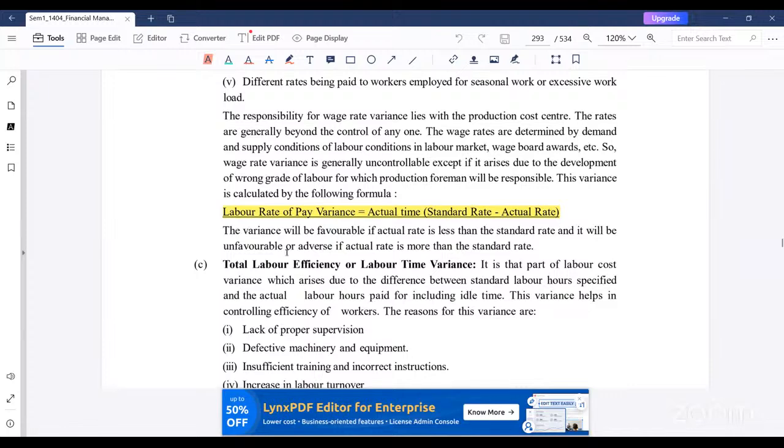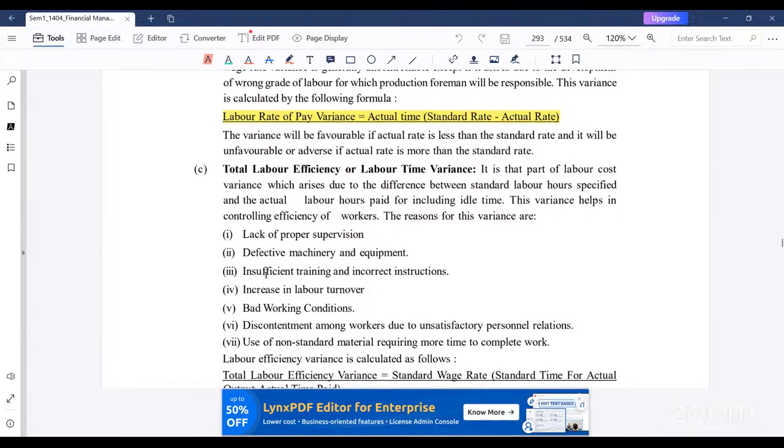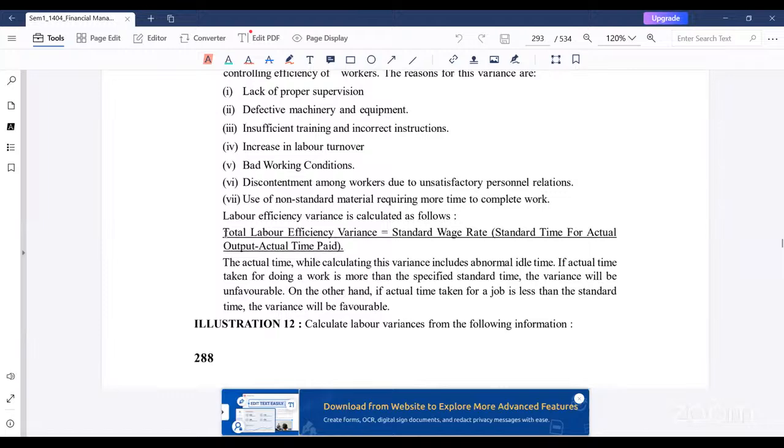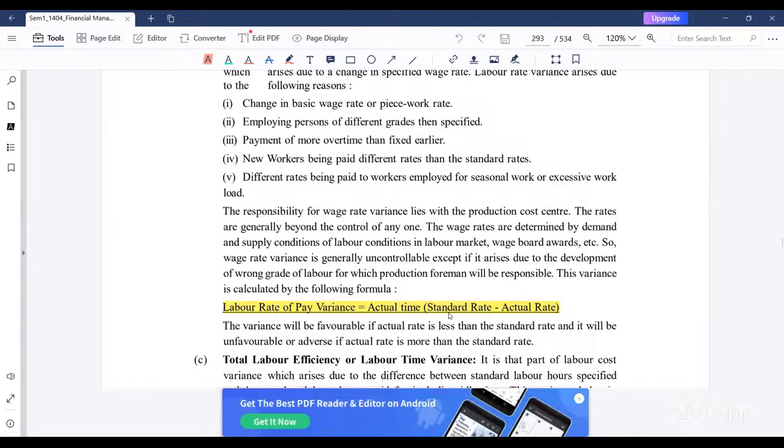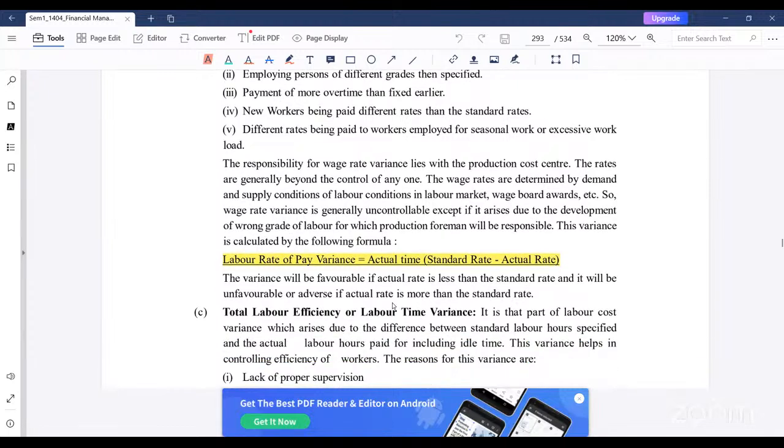Next, labor efficiency variance. Here we are talking about time. If you remember, there we were talking about rate, so we took actual time into standard rate minus actual rate. Now we are talking about efficiency.